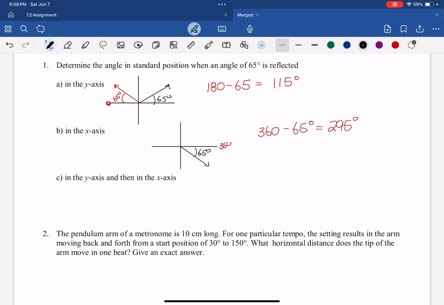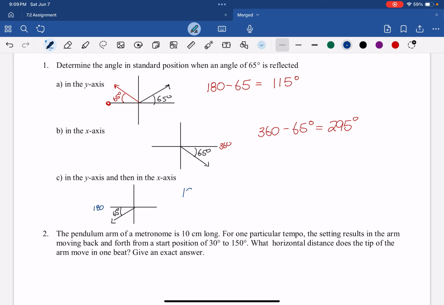And then the last piece, it says, what if it's reflected over the y and then the x? So if I reflect it over the y, so back what I did here and reflected it over the y-axis and then the x-axis, that would put me in quadrant 3. Okay, so then here, in reference to this x-axis, that'd be 180.